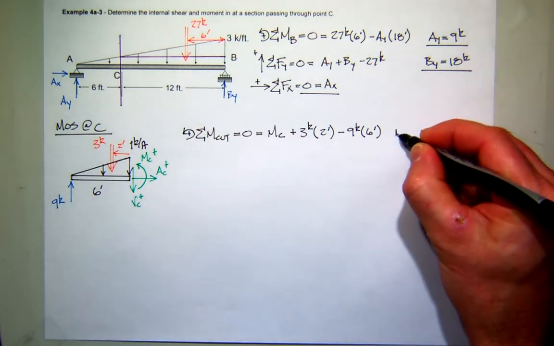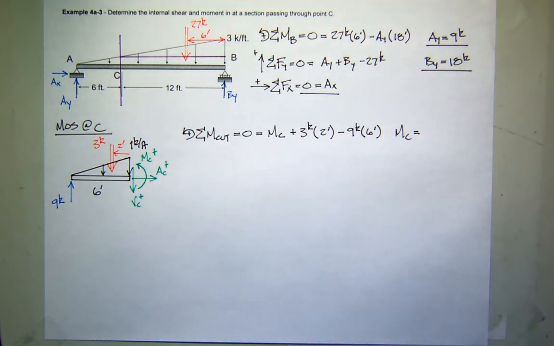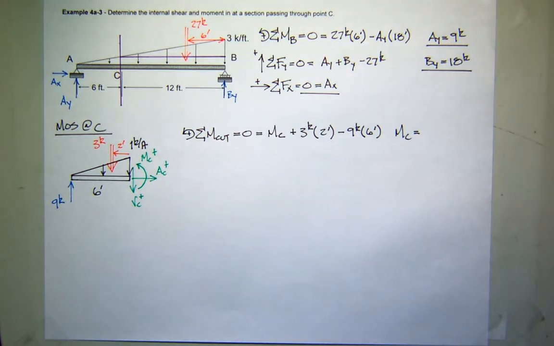So it looks like the moment at C is going to be positive. And this is 54 minus 6, 48. Is that right? Anybody out with the calculator? Yes. Do you need a calculator to do 54 minus 6?